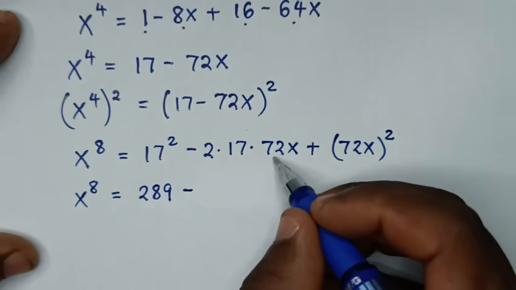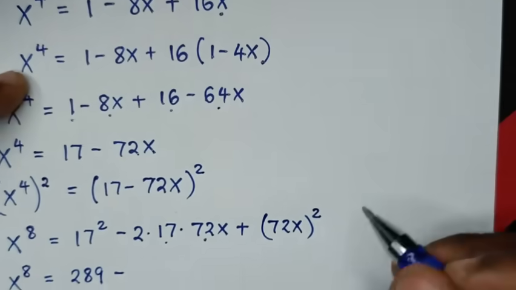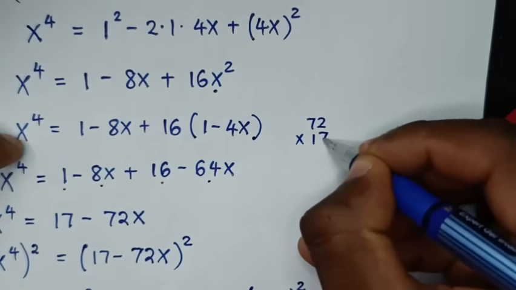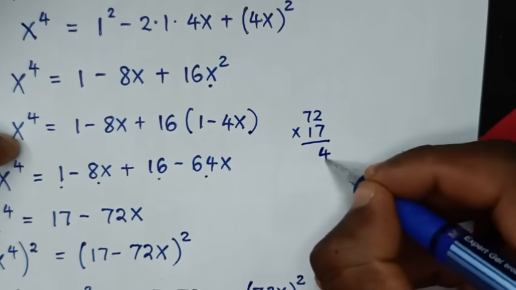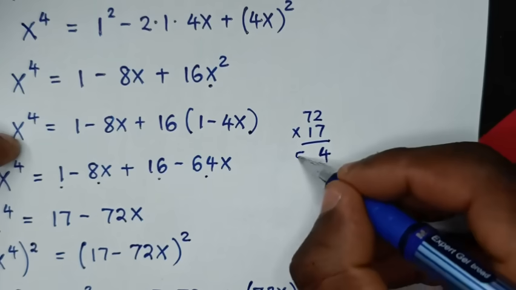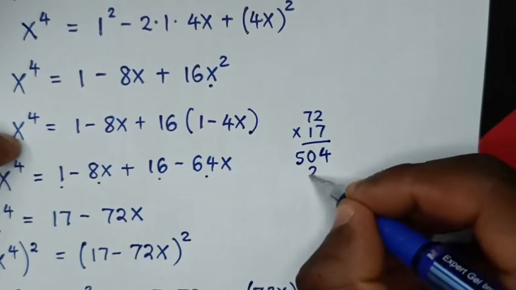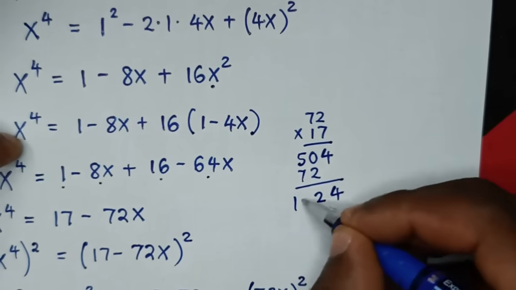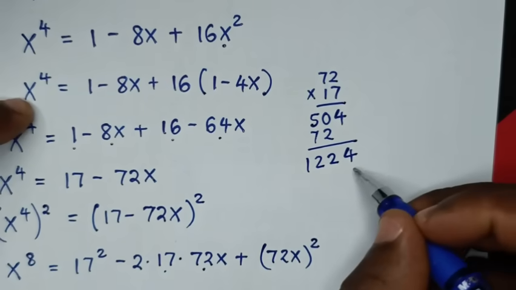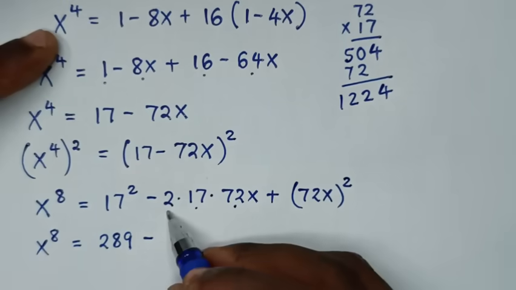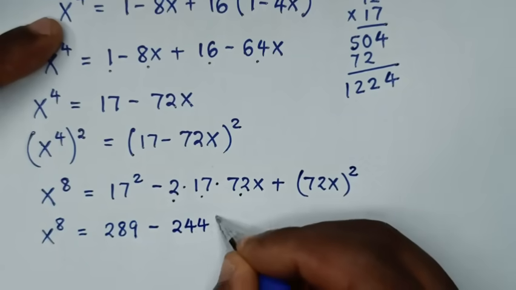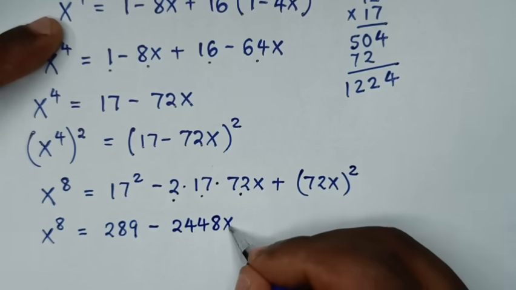So here, 72 times 17, let's multiply: 72 times 17 gives 1224. Now this times this 2 gives 2448x.